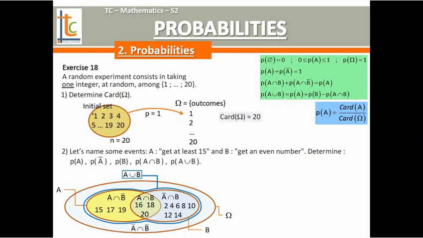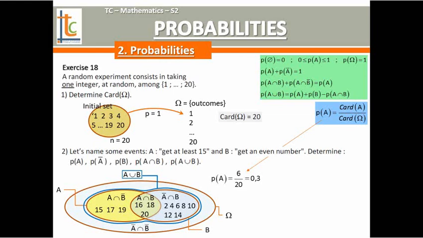So now, the probability of A can be given by our formula. Probability of A will be the number of elements in A divided by 20, which is the cardinal of omega. That's all. So, sorry for the commas, I would have written points.